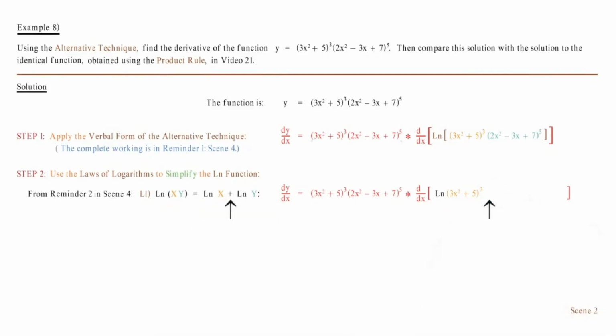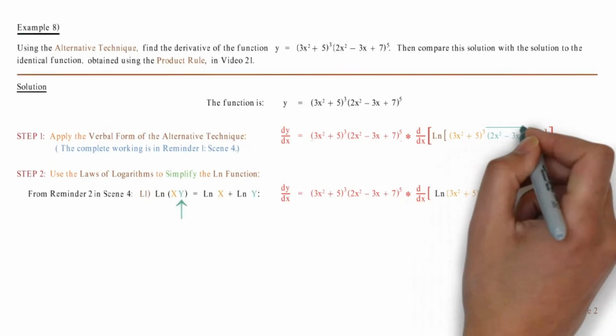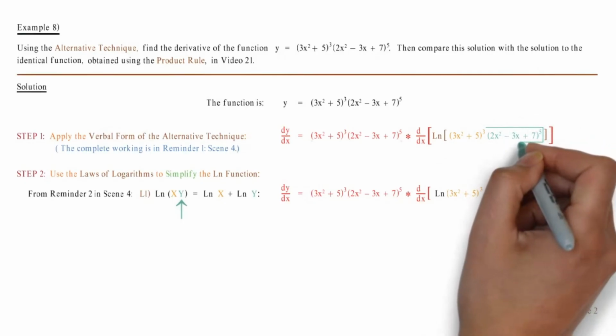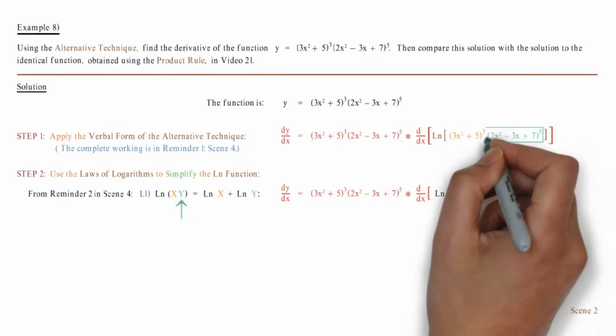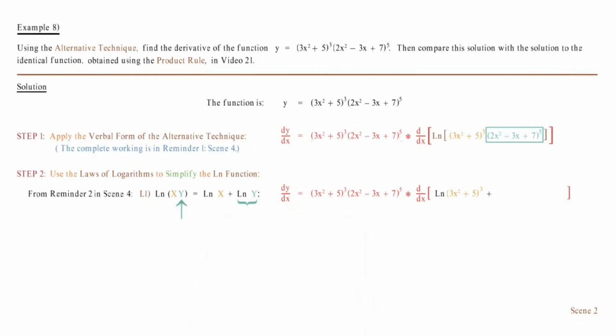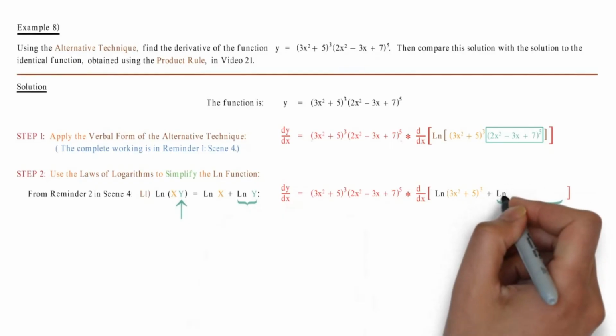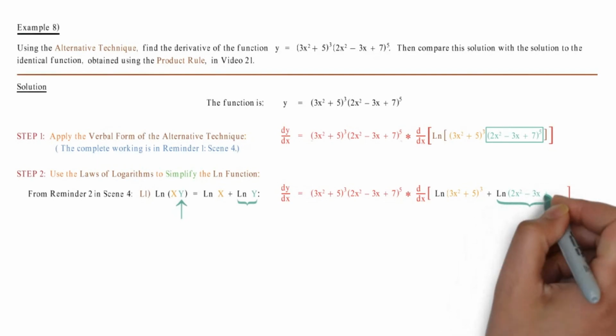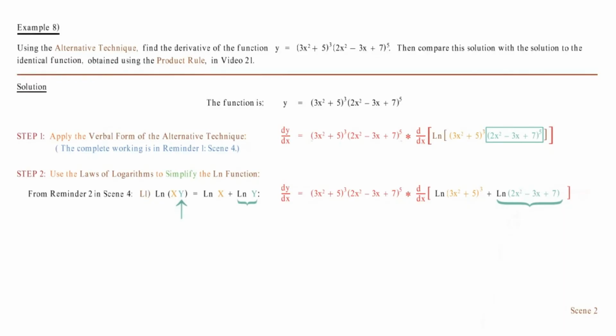Plus is plus. Since y is (2x squared minus 3x plus 7) to the fifth, ln of y is ln of (2x squared minus 3x plus 7) to the fifth.